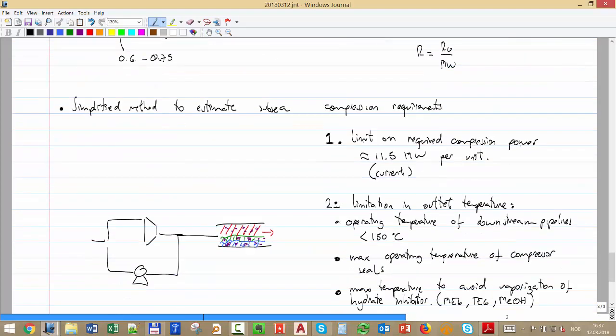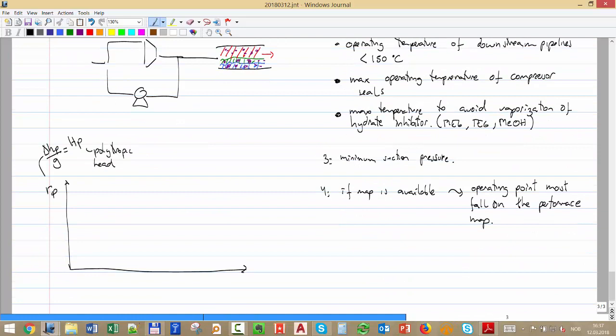So don't be too concerned about that. I can have pressure ratio, or I can have that polytropic head, which is nothing more than the polytropic enthalpy difference divided by the gravitational acceleration. Okay, that's 9.81. And what do I put on the x-axis? I have to have some indication of rate, right?